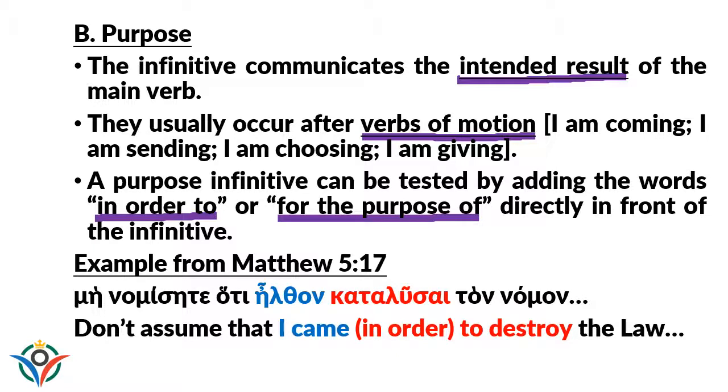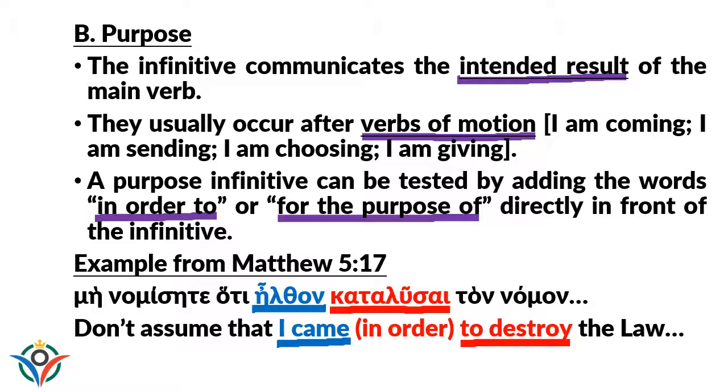The Greek reads, mē nomisēte hoti ēlthon katalusai ton nomon. Don't assume that I came to destroy the law. The main verb is ēlthon, which we've translated as I came, followed by the infinitive katalusai, which we've translated as to destroy.